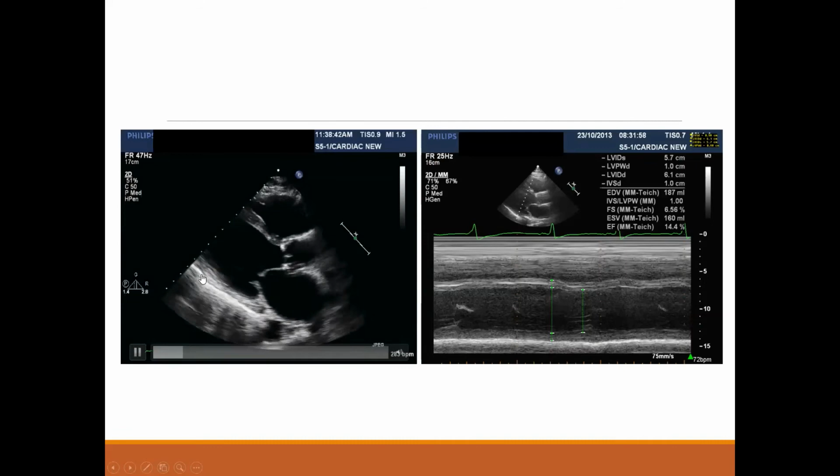And that's because of what? Look here. Hypokinetic posterior wall. Akinetic posterior. So this is ischemic mitral regurgitation, because the posterior leaflet is pulled by the akinetic posterior wall apically, leading to this morphology, which is ischemic MR, and here it was severe ischemic mitral regurgitation.